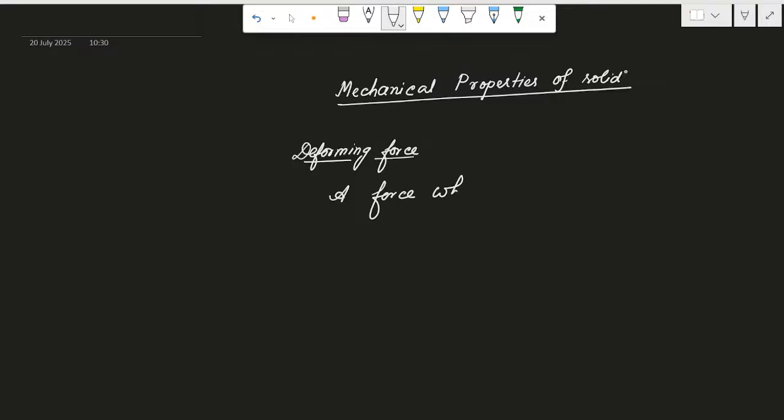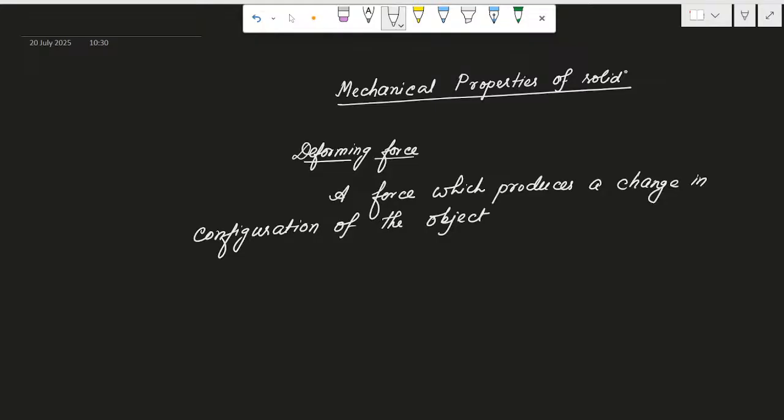A force which produces a change in the configuration of the object on applying it is called a deforming force.